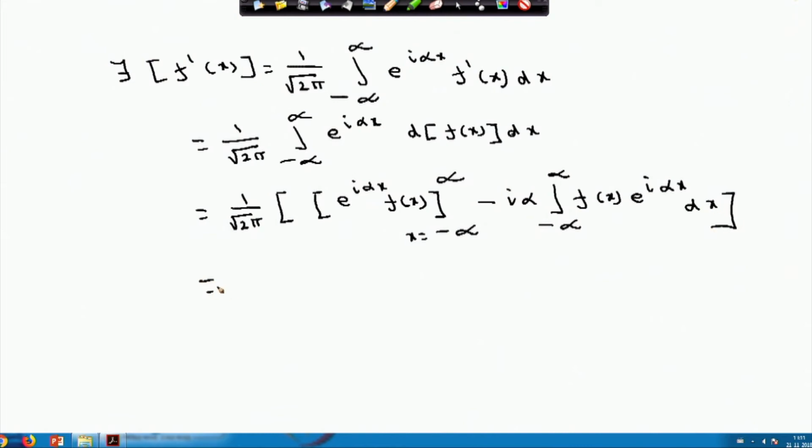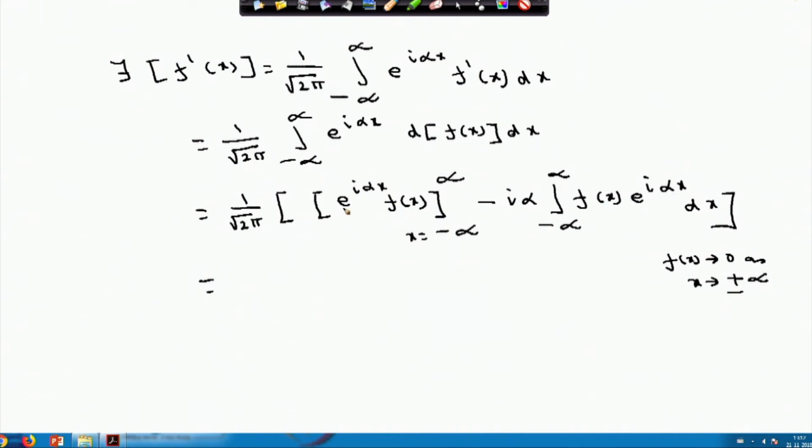And what I know is that f(x) approaches 0 as x approaches plus infinity or minus infinity. So, this value will vanish.